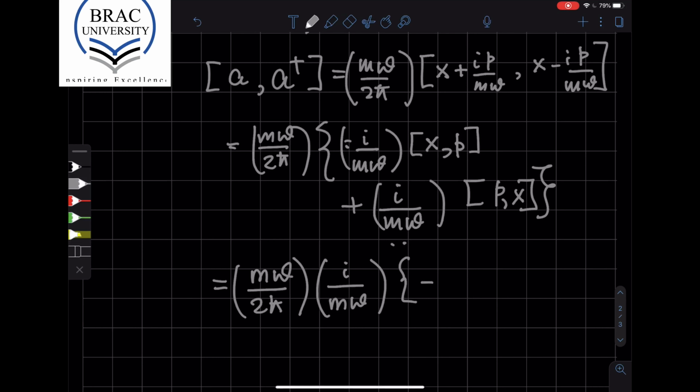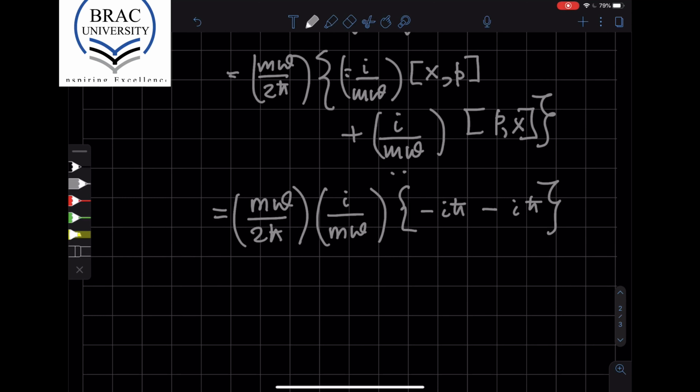It's going to give me minus i h bar, and then the first term has a minus sign, so it's going to give me minus i h bar, and therefore the m omega cancels out. i times minus i is plus 1, and we have 1 by 2 h bar times 2 h bar.